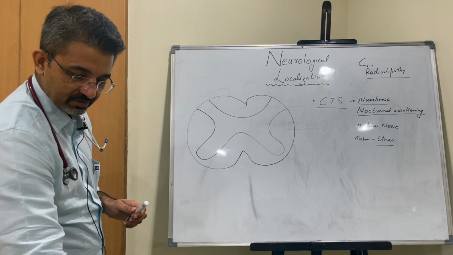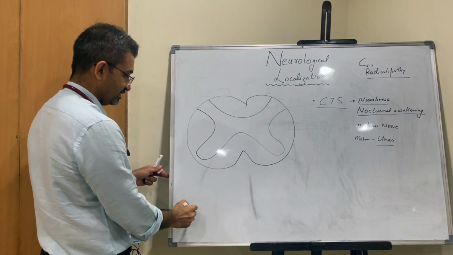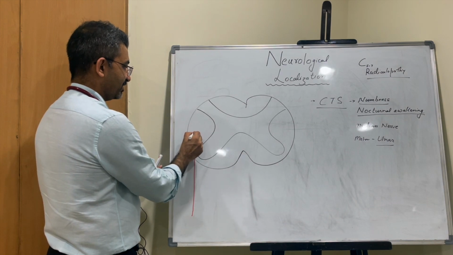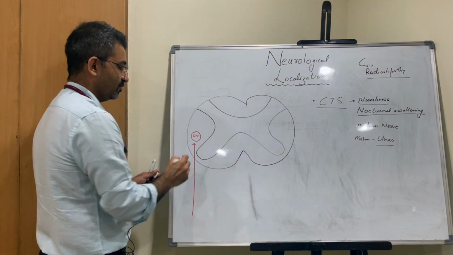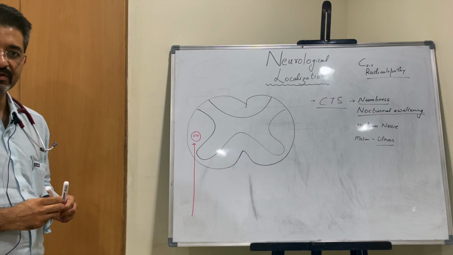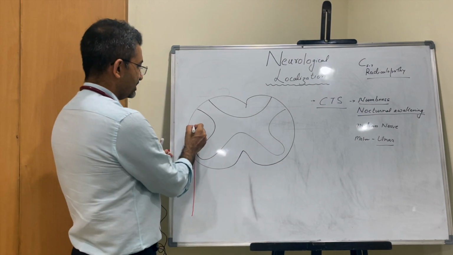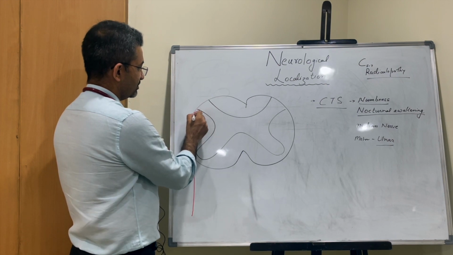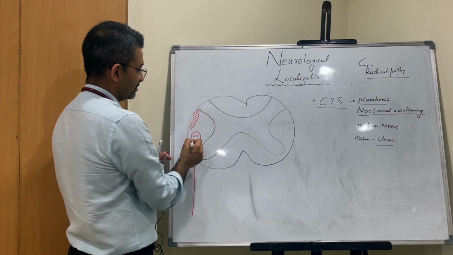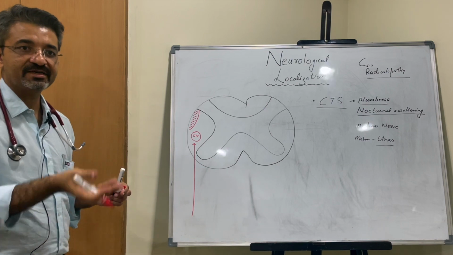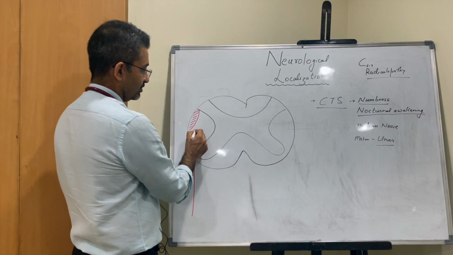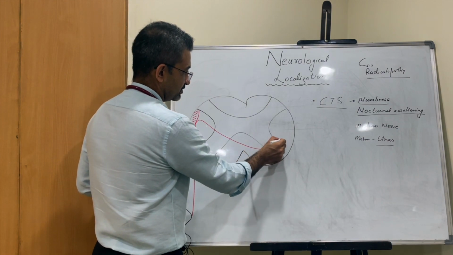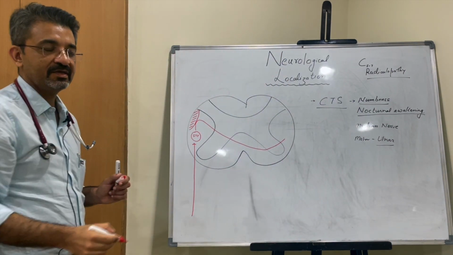You have your spinothalamic tracts which are ascending up, right? They are going up. What they do is they ascend, say for example, two segments in Lissauer's tract. You have Lissauer's tract wherein once they enter a segment, they ascend up and then they cross over like this and then they go up, right?